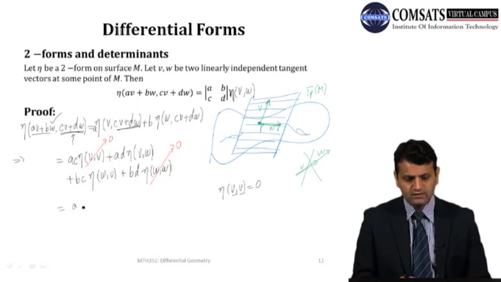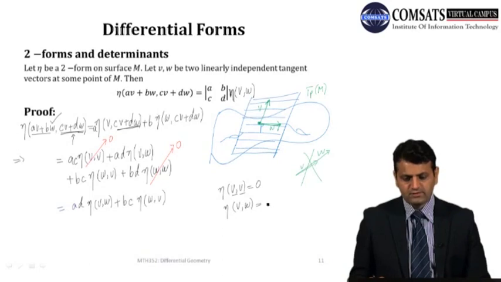So we get A D eta VW plus B C eta WV. Now we also know that eta of VW is equal to, अगर मैं V और W की प्लेस आपस में चेंज कर दूं, then this will be equal to minus eta WV.